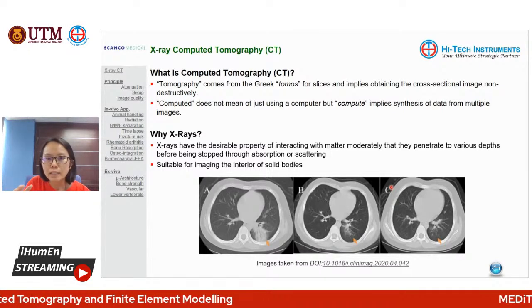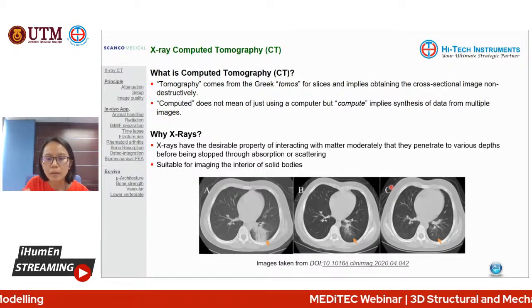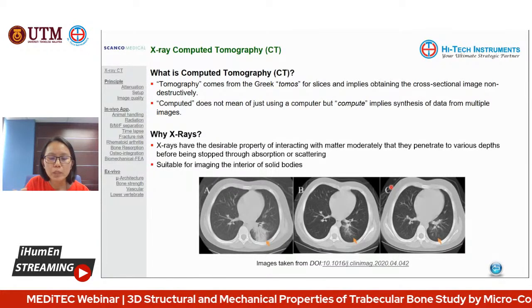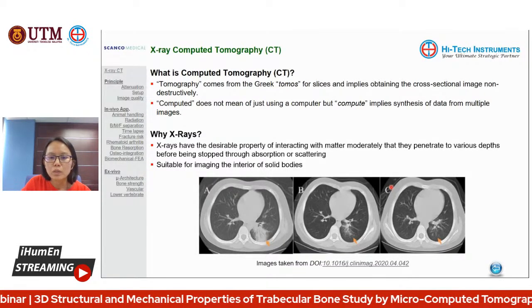So we can see how these CT images can be linked with other tests as well, and the confidence level and the importance of the information provided here.